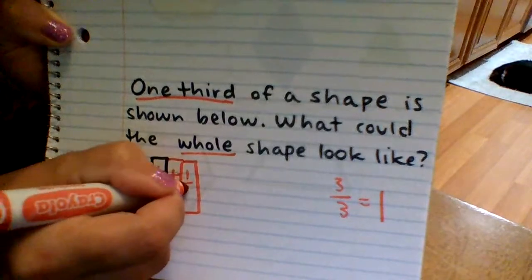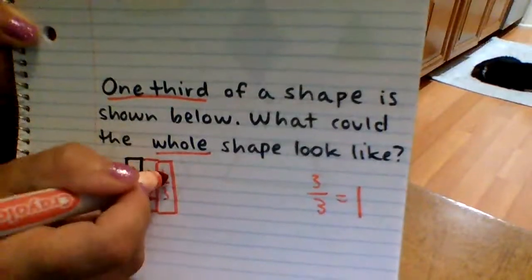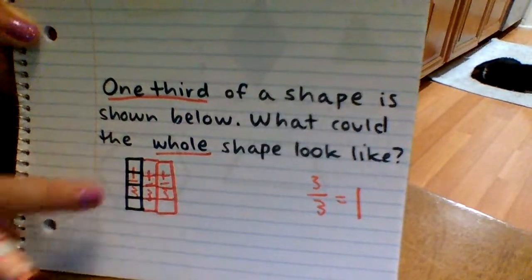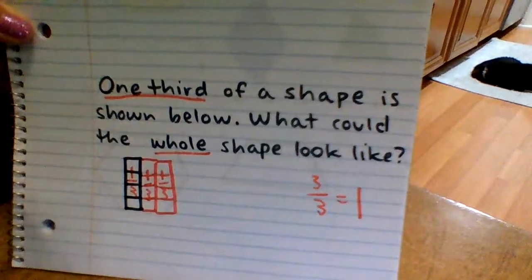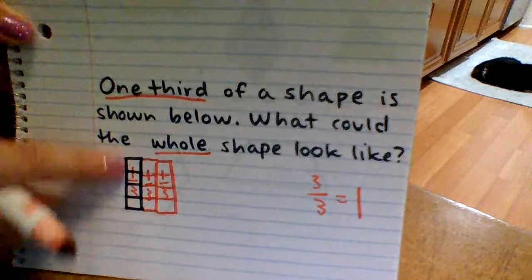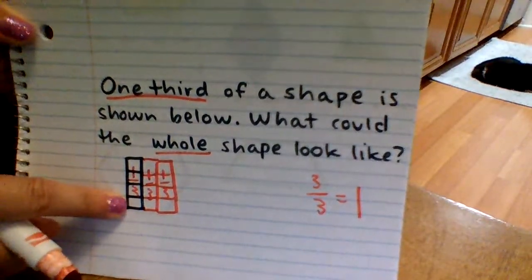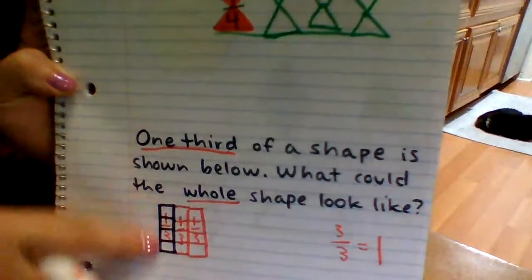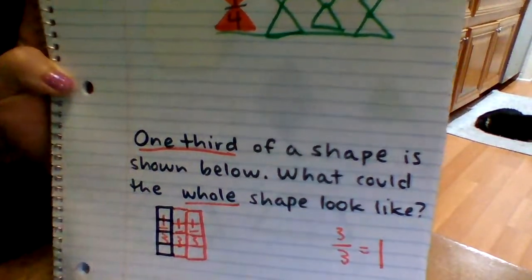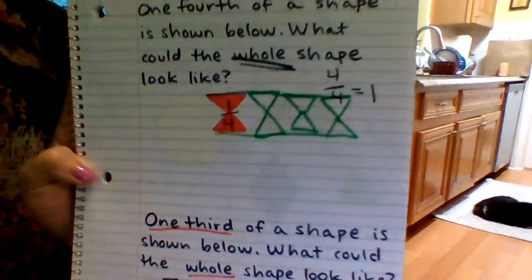That would be 3 thirds, right? 1/3, 2/3, 3/3 equals 1 whole. So this is what the whole shape would look like if we started with this piece. Very similar to this question. 1/3 means you need 3 parts that look the same. 1/4 means you need 4 parts that look the same.